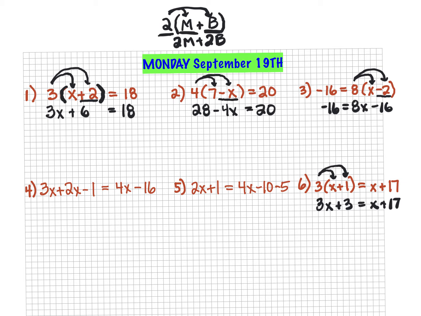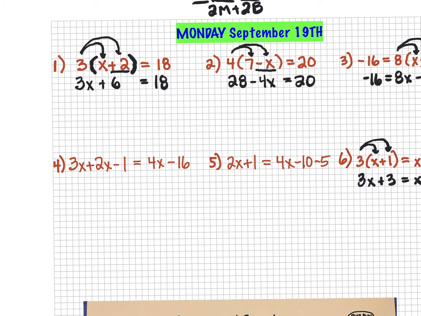Okay. For number 4 and 5, if I'm going to go through and make my teams, and I see the same types of teams, like 3x's and 2x's on the same side of the basketball court, it's not like I have to switch them over to the other side. They're already on the same side of the court.